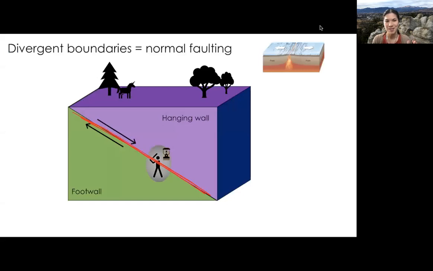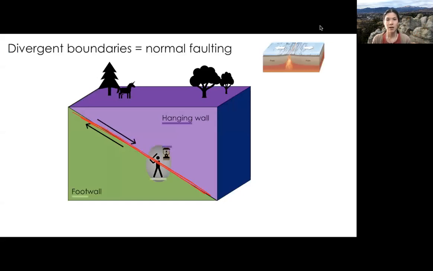Faults are really great places for fluids to travel along and leave behind precious minerals. And so from mining terminology, we have that the footwall is where your feet are, and your hanging wall is where you would hang your lantern, right? So it's kind of what's above you.